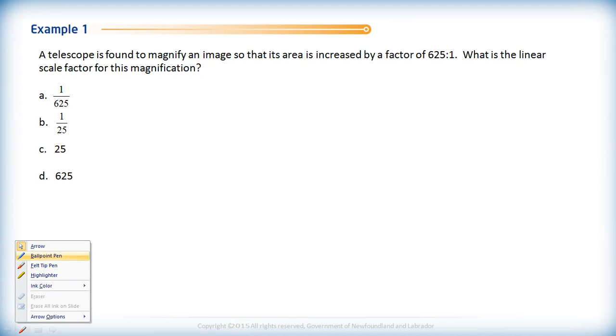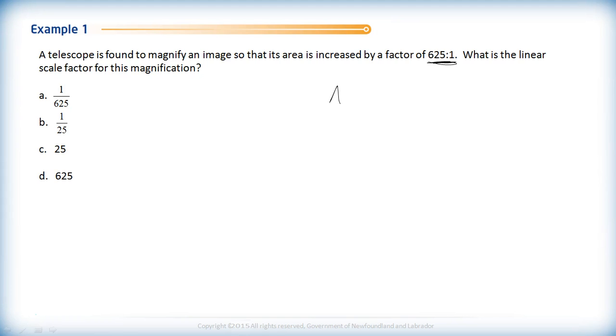Okay. So first one says, a telescope is found to magnify an image so that its area is increased by a factor of 625 to 1. So the area of the image then is 625 over 1 multiplied by the area of the actual.